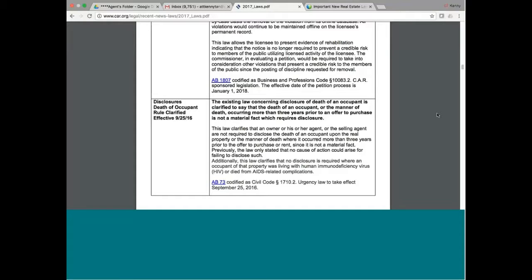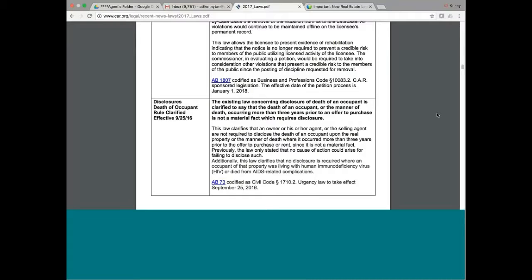Now, they say it's not a material fact. Now, what if you're asked, was there a death on the property before? Are you required to say, yes, there was, and it occurred 4 years ago? They say it's not a material fact. If you're asked a question, even if something is not a material fact, and if you don't tell the truth, could you be sued?